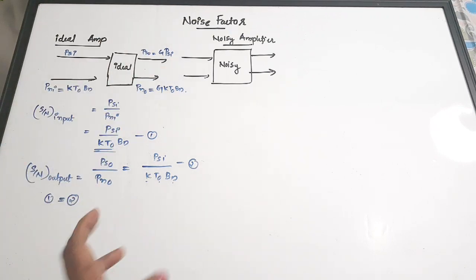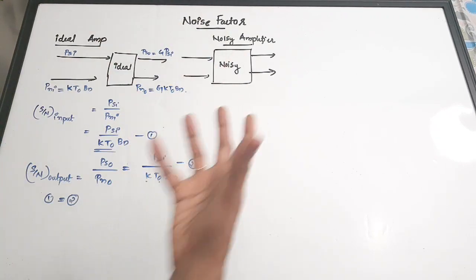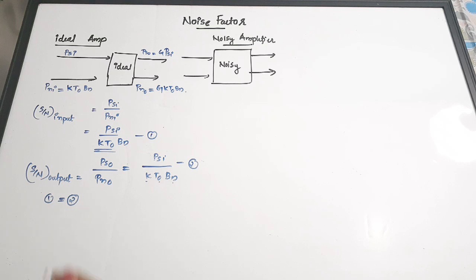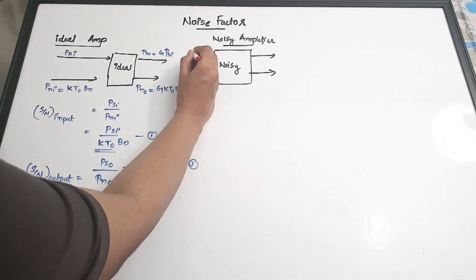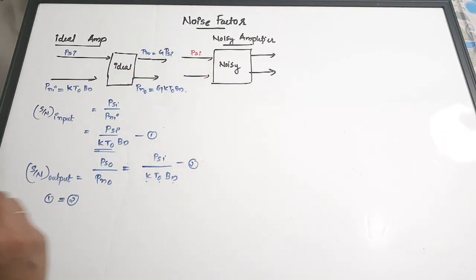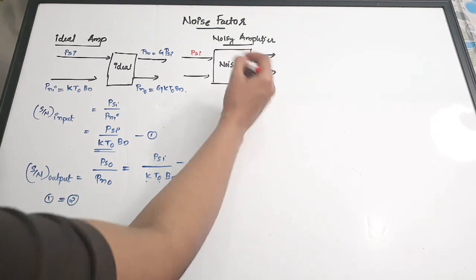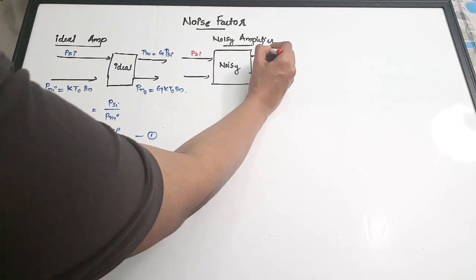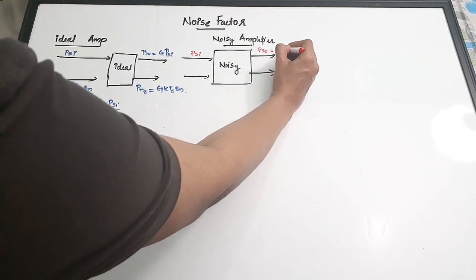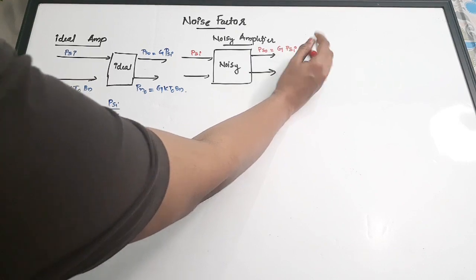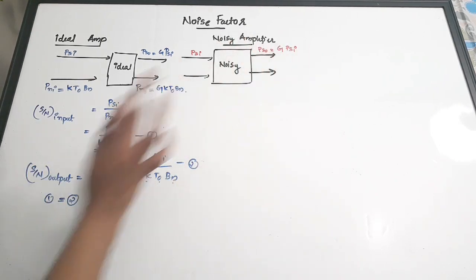Now let us consider a noisy amplifier and let us take the input signal power as PSI, and the output signal power as PSO, which will be G PSI. This is the output signal power.